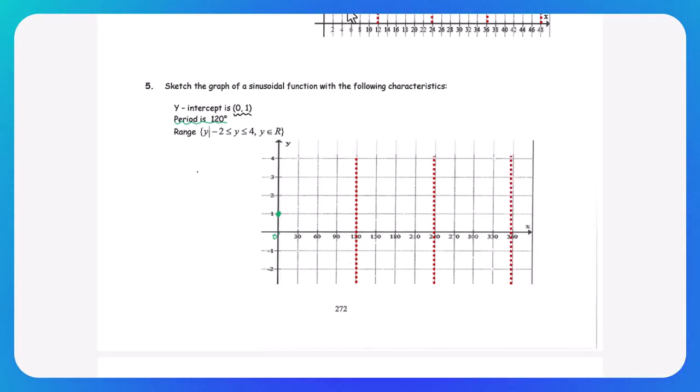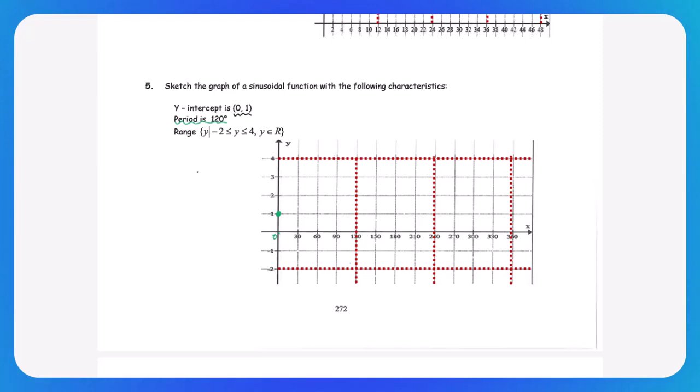So between each of these lines is going to be 1 full cycle. The next thing that we're told is the range, and the range has a minimum value of -2, so it's not going to go any lower than that line, but it's not going to go any higher than +4, so it's going to go there. So now we have that sorted out.